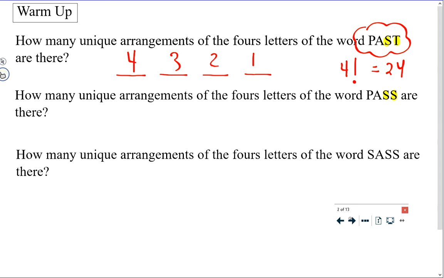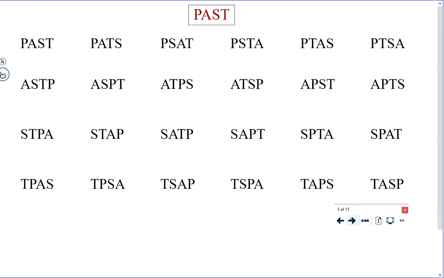So what I've done is I've listed all 24 different arrangements of all of the letters of the word past. There they all are. No matter how you try to arrange those 4 letters, you're going to come up with one of these 24.